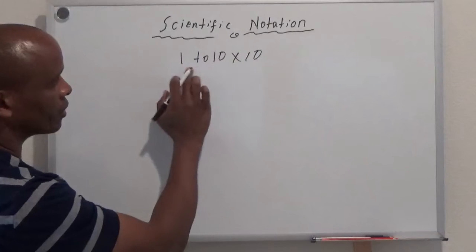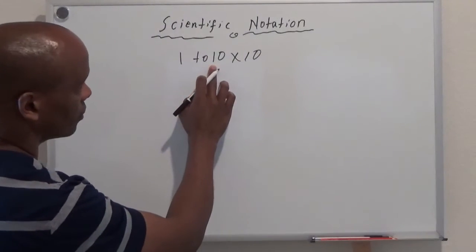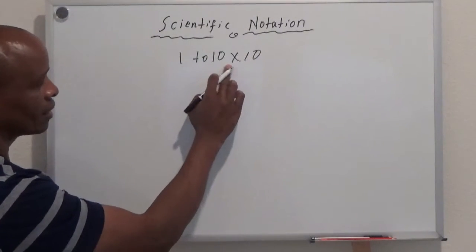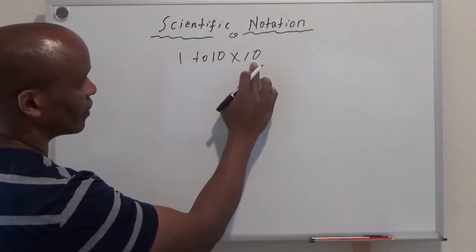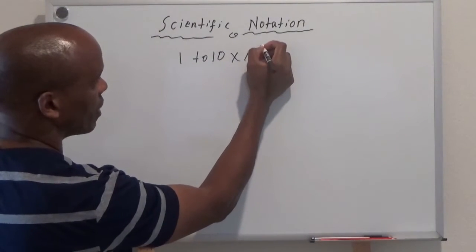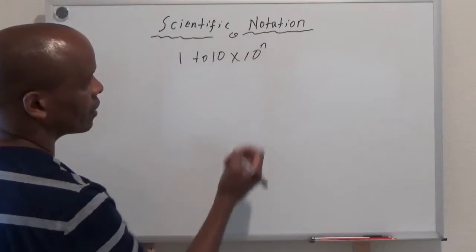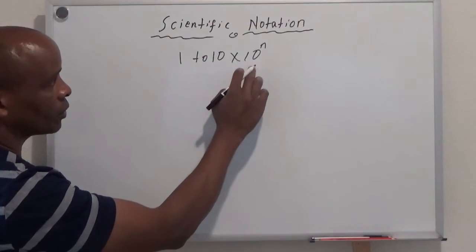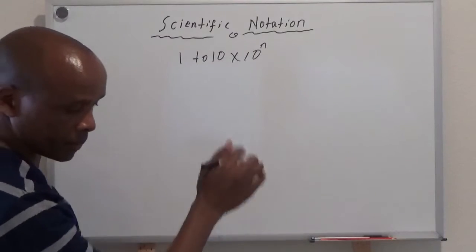Any number between 1 and 10 multiplied by 10 to the power of n. So that's how it works.